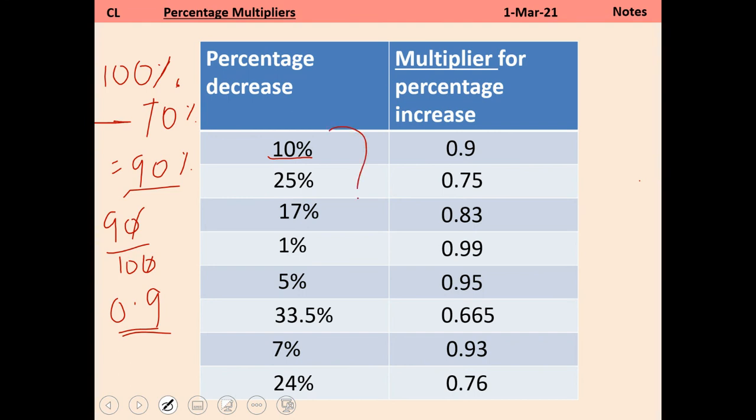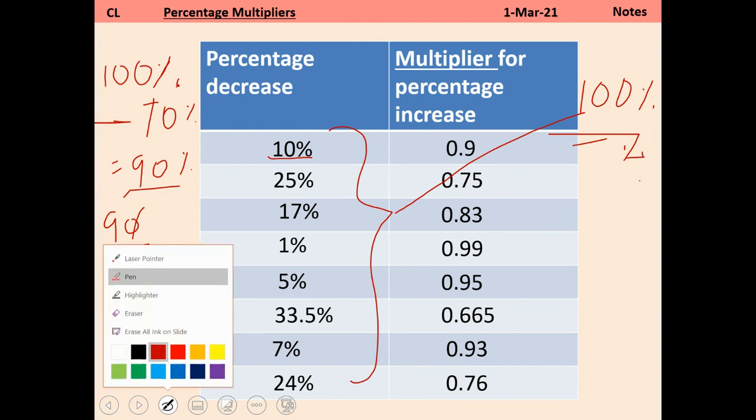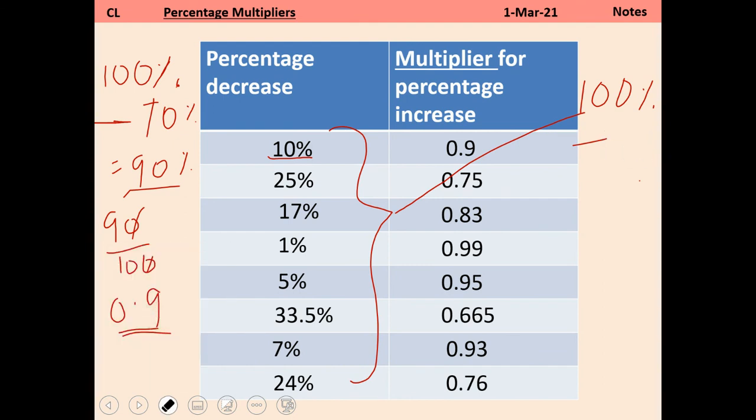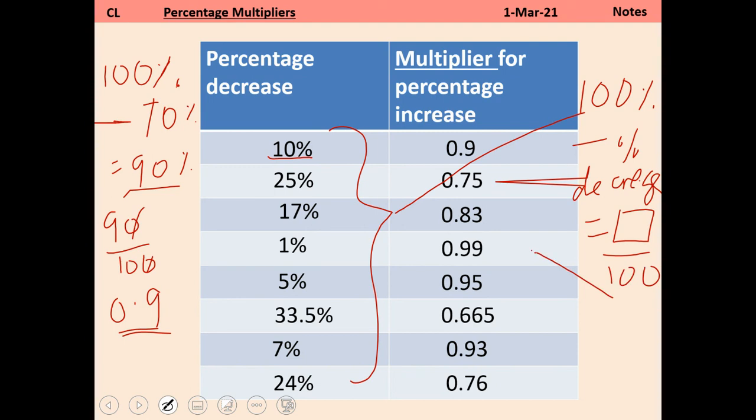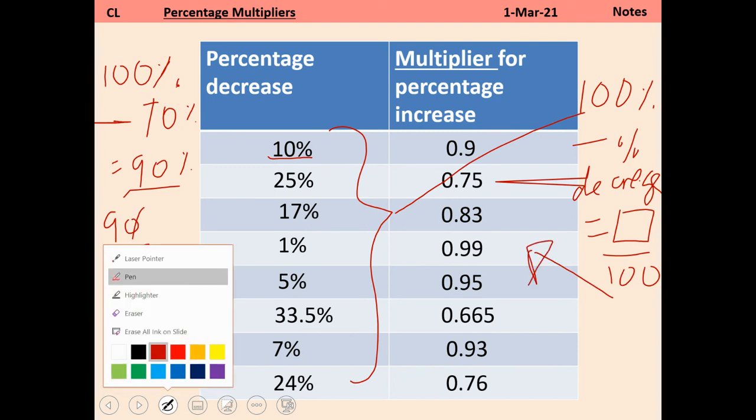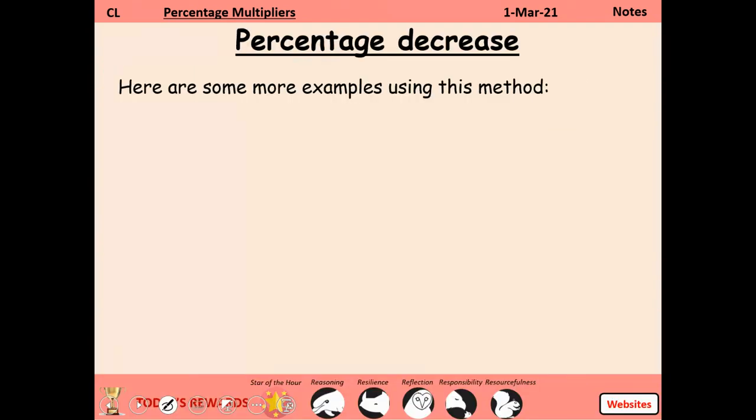So all we had to do for all of these amounts here is you do 100%, subtract the percentage decrease, whatever it was. And then afterwards, whatever you get for your answer, divide it by 100 to work out what your multipliers are, okay? All right. Moving on now.